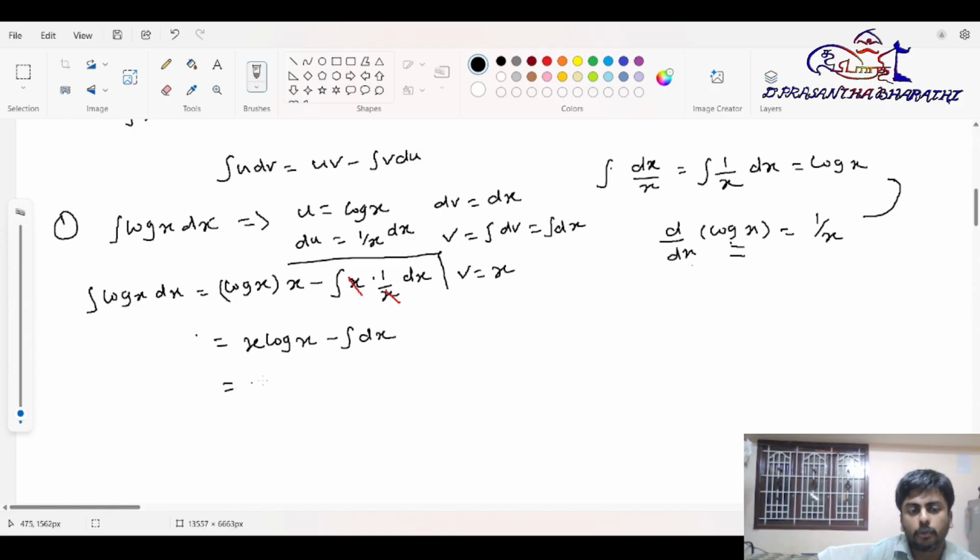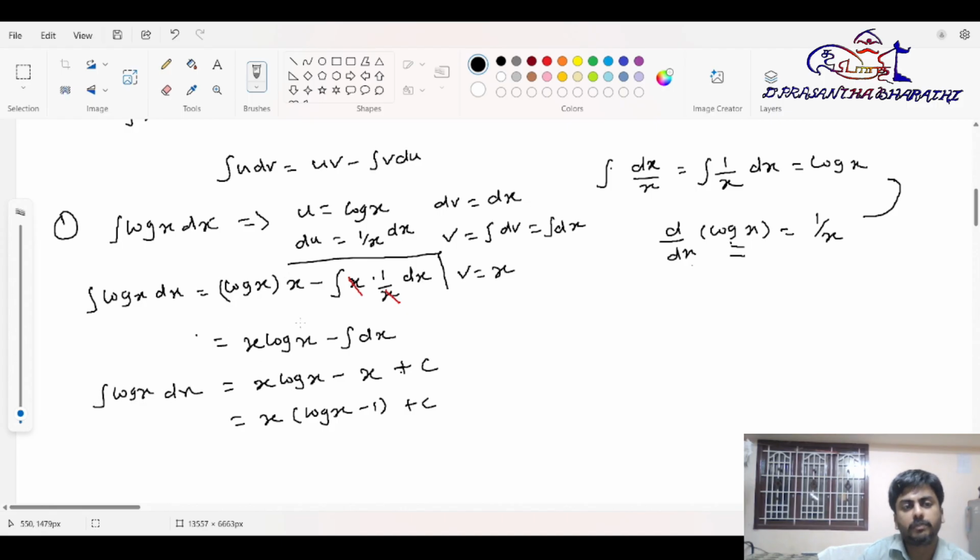I have to go for another iteration: x log x minus the integration of dx, which is x. Finally you can take x as common: x into log x minus 1 plus c, or you can write x log x minus x plus c. This is the integration of log x dx.